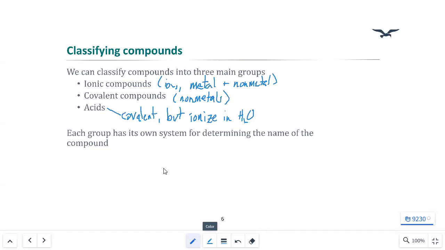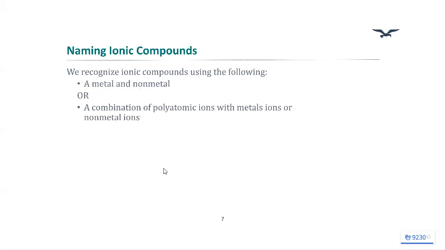Now, because they are all different kinds of substances, they all have different naming systems. So again, we'll start with the ionic compounds. We can recognize an ionic compound as having both a metallic and non-metallic component.